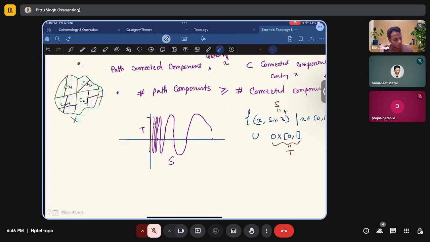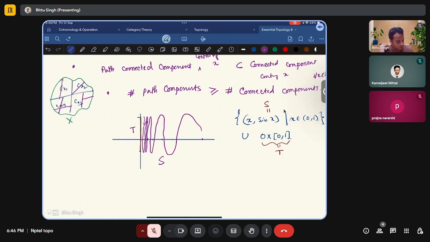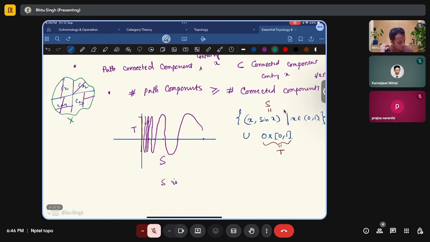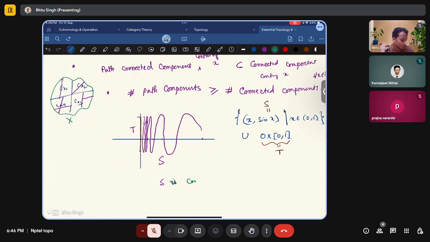So first thing is to note that S is connected. It is clear because S is a graph. We know that the image of a connected set is always connected.